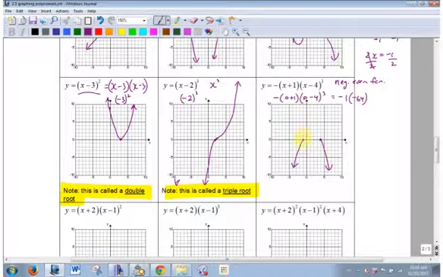Way the heck up there. So this actually should have gone like that. It goes way up there, crosses the y-axis at 64, and comes back down. Goes through that guy.